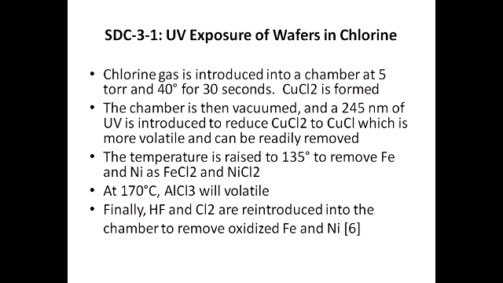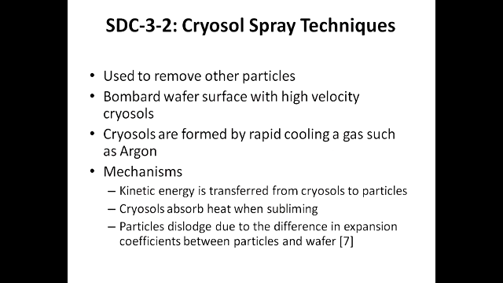Finally, hydrogen fluoride and chlorine gas are reintroduced into the chamber to remove oxidized Fe and Ni. The second step is to use cryosol spray techniques to remove any other remaining particles, including group 1 and group 2 metals.